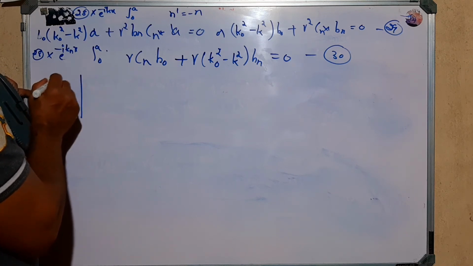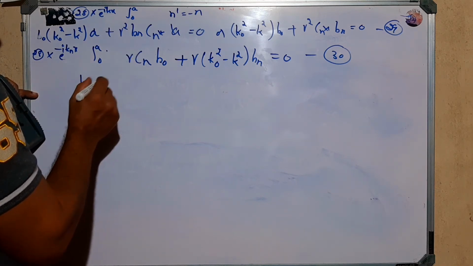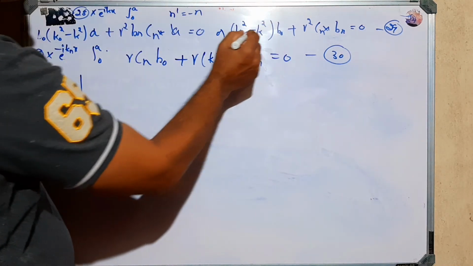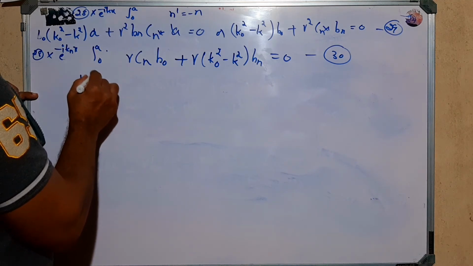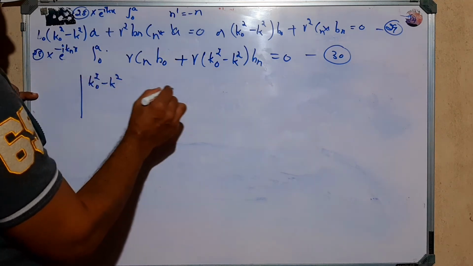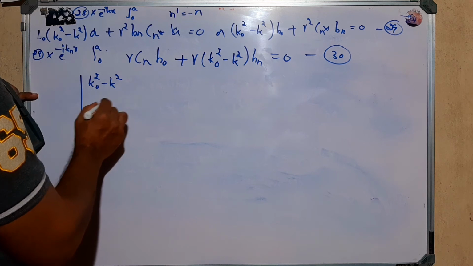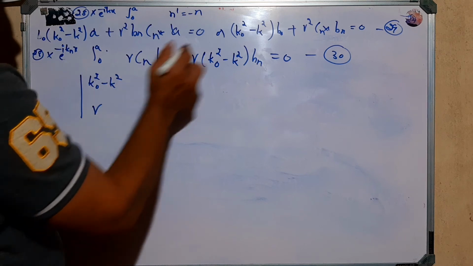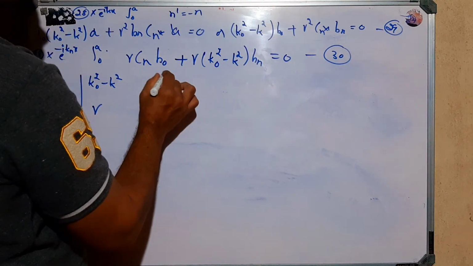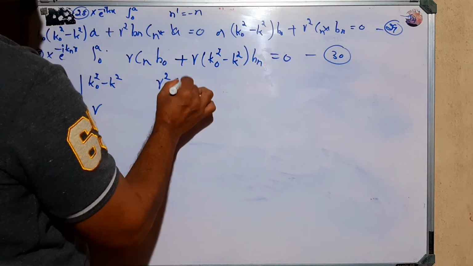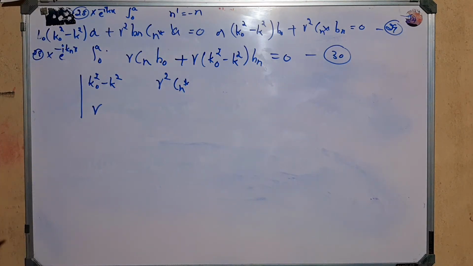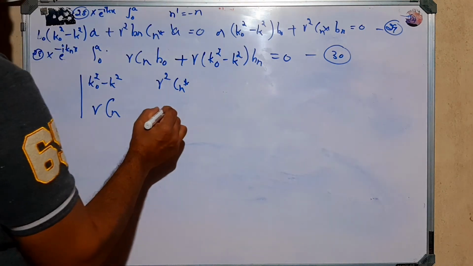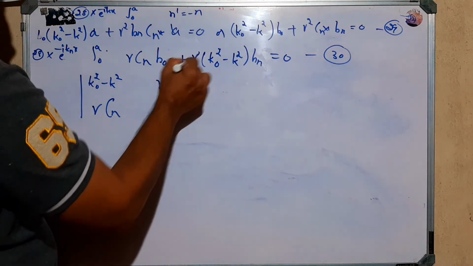For non-zero values of b naught and bn, the determinant: k naught square minus k square, below you have gamma square into cn star, then you have here cn into gamma, gamma gets cancelled.